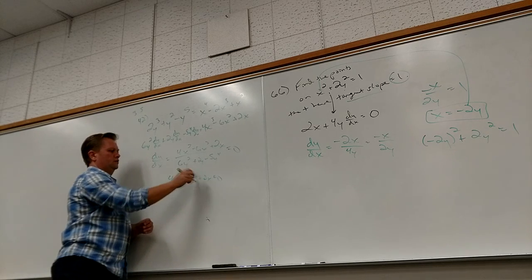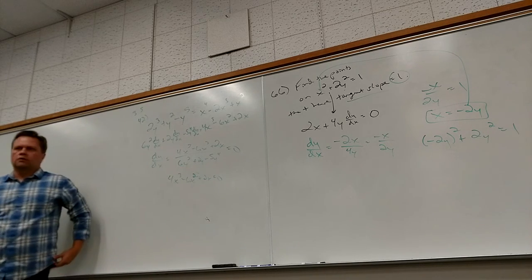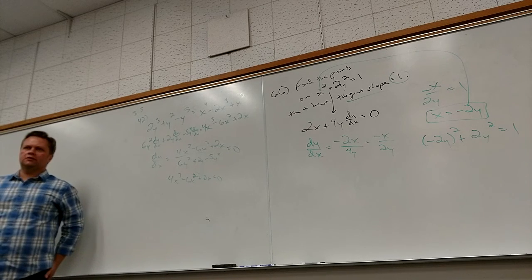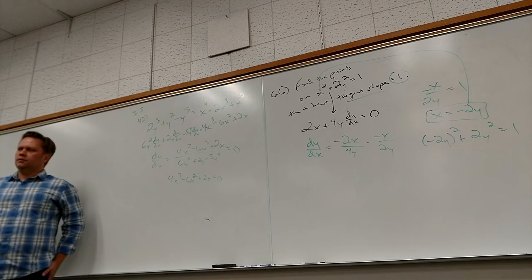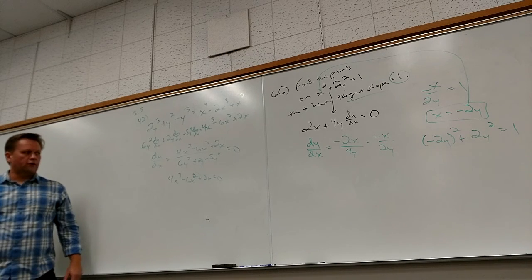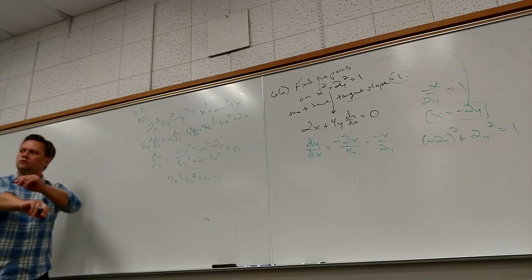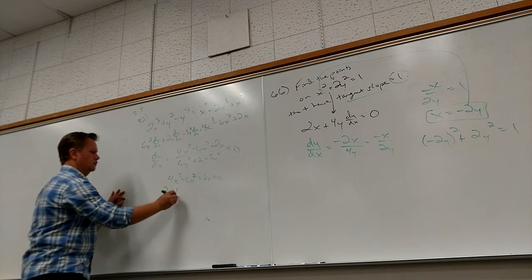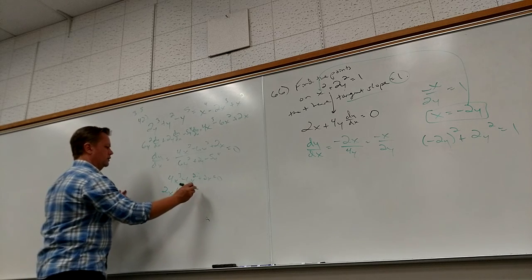And what do you do with this? Factor it, which should not be a big deal, but it sometimes is. How do I factor this thing? Take out a 2x. What do you tell the person that does this?